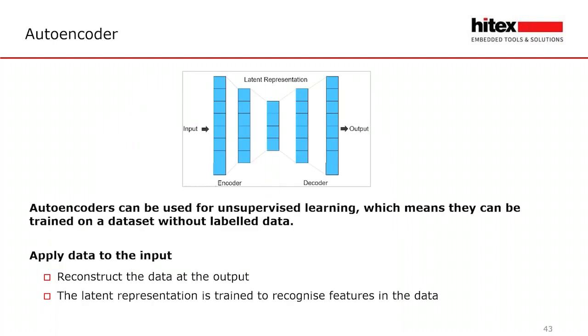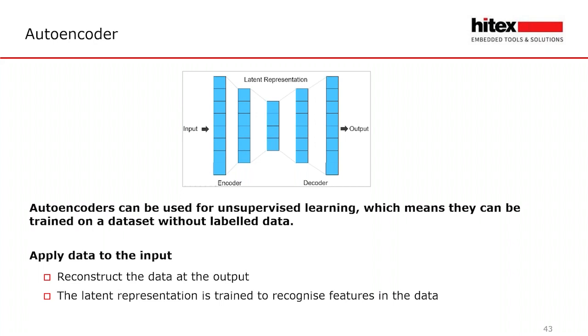Similarly, we can use another approach called an autoencoder. Here we have an input where we put our input data, and this is then encoded into a neural net or a convolutional neural net. We then decode it back to the original. So for example, we put in the picture of a cat and we get an output of a picture of a cat. Our input data becomes the training label for our data as well. But what we're effectively doing is training the encoder with the features of our data.